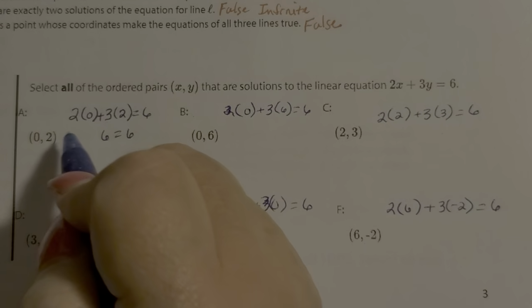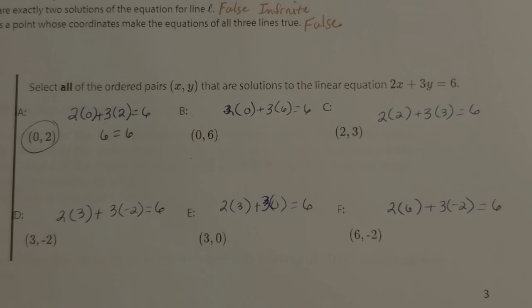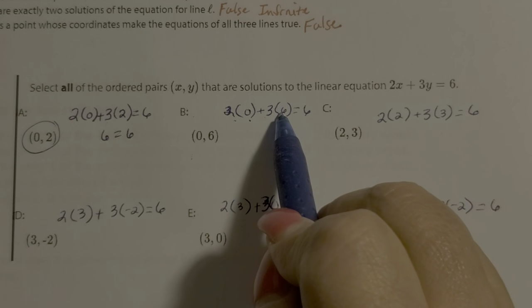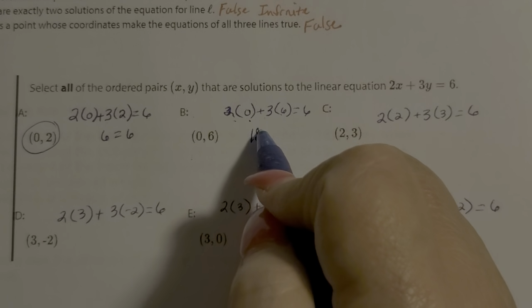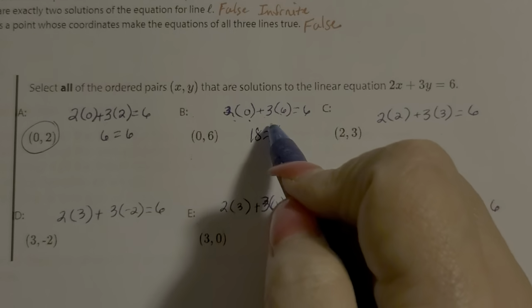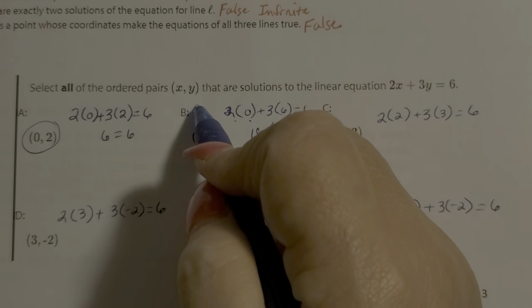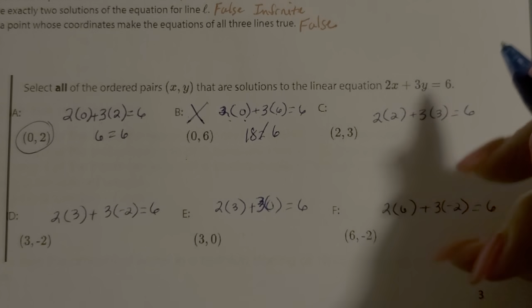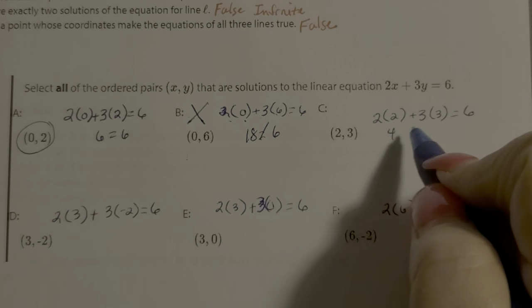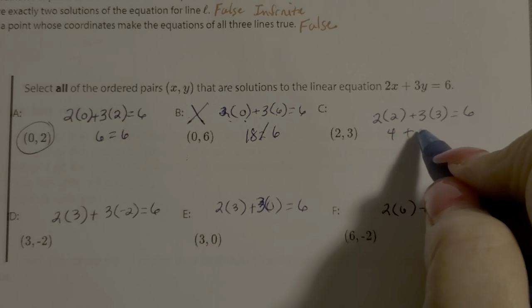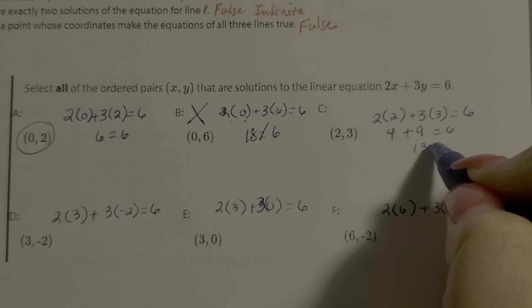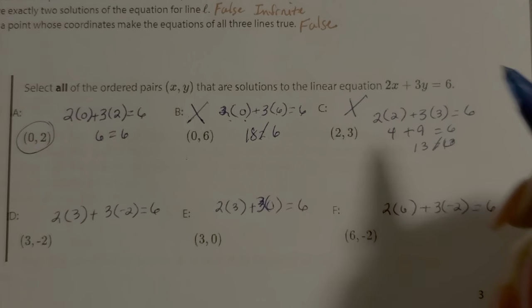So yes, this one is a solution. 2 times 0 is 0, 3 times 6 is 18, 0 plus 18 is 18, so 18 is not equal to 6, so this one is not a solution. 2 times 2 is 4, and then 3 times 3 is 9, 4 plus 9 is 13, 13 is not equal to 6, therefore this is not a solution.